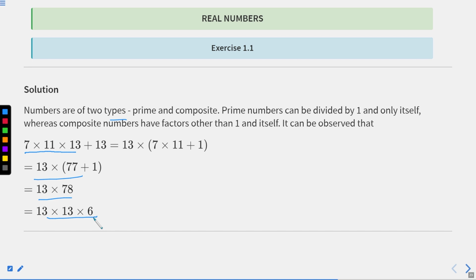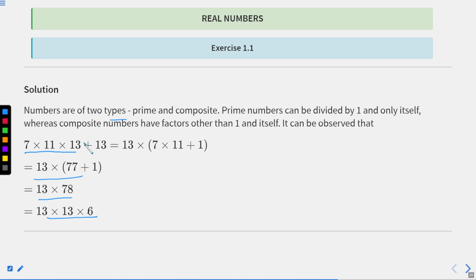So for this number, 6 and 13 are factors which will divide it, so this number has factors other than 1 and itself. Hence 7 into 11 into 13 plus 13 is a composite number.